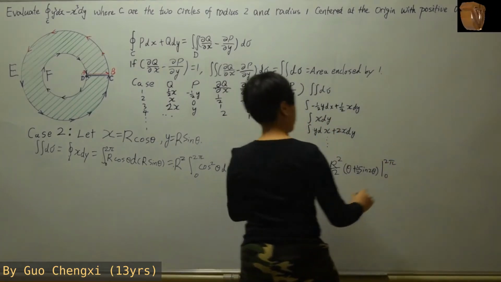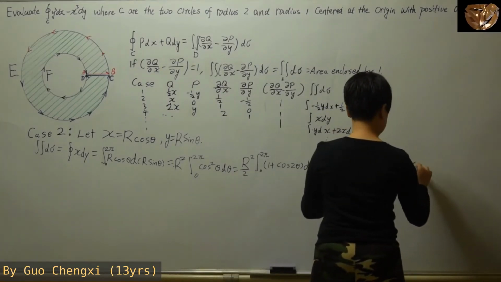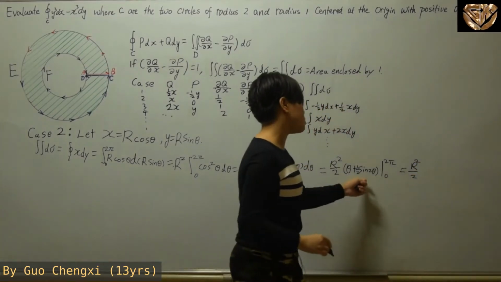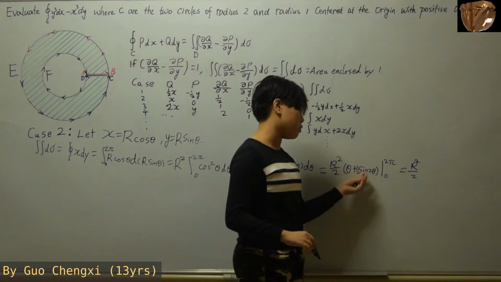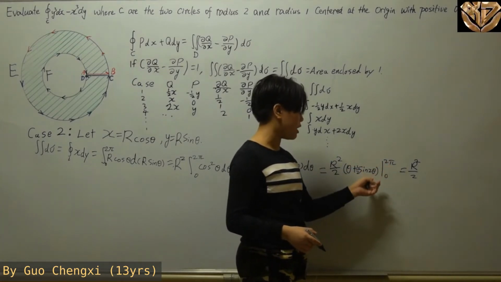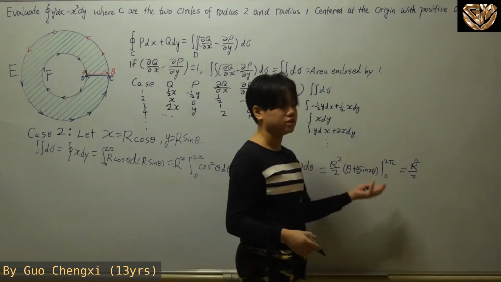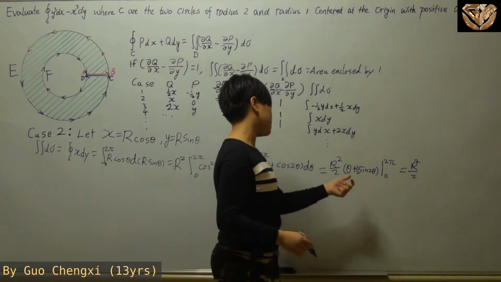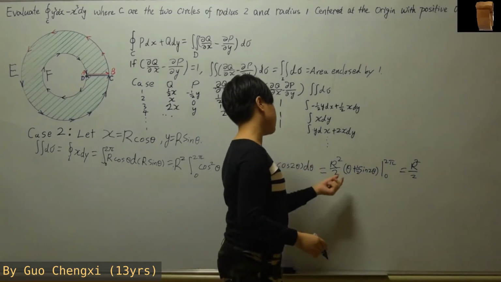When we substitute it in, if we substitute 0 inside, we get sine 0, which is 0, and if we substitute 2 pi inside, it becomes sine 4 pi, which is still 0. So we can basically ignore that part since it's equal to 0.